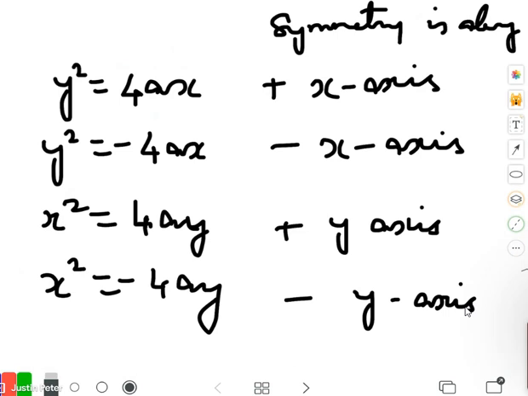Okay. Next thing. Shall we move on to the next one? Next we are going to see something called the latus rectum.